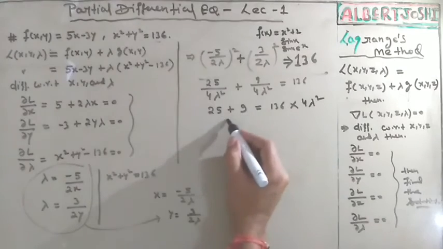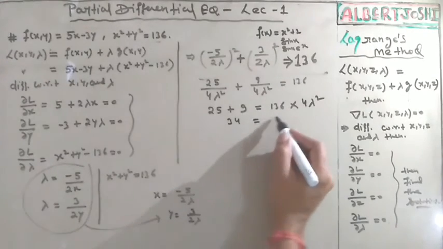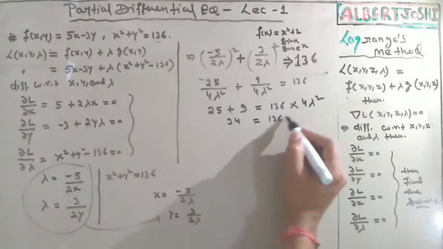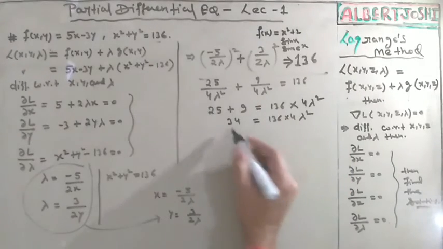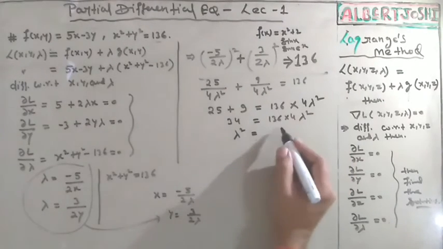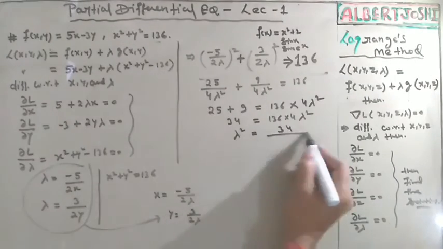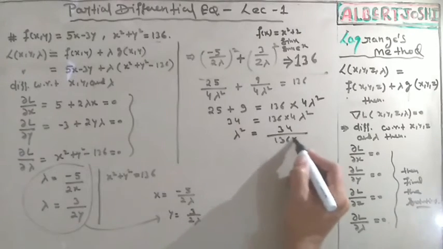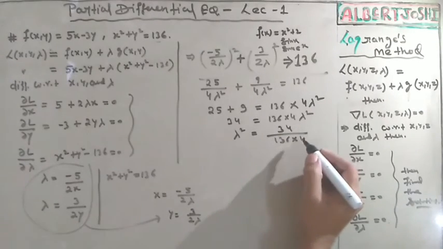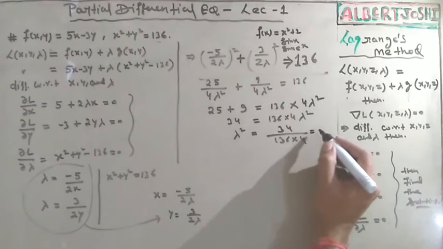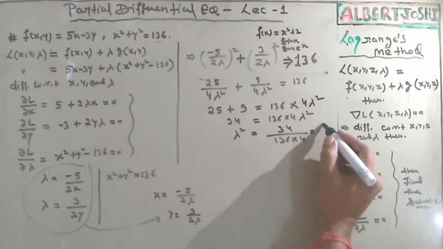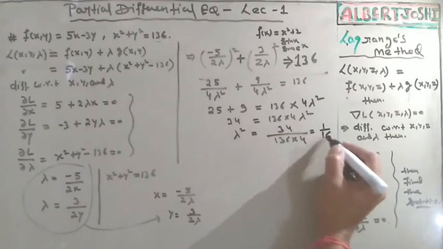Now 25 plus 9 is equal to 34, so 34 is equal to 136 into 4 lambda square. Now you can cut, then you will get lambda square is equal to 34 upon 136 into 4. So now you can cut, and you are getting 1 upon 16.